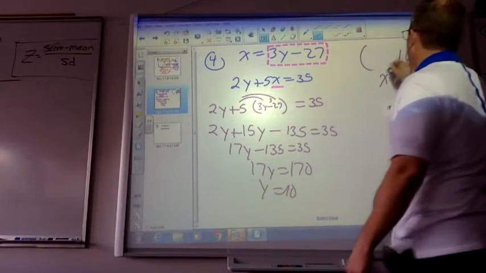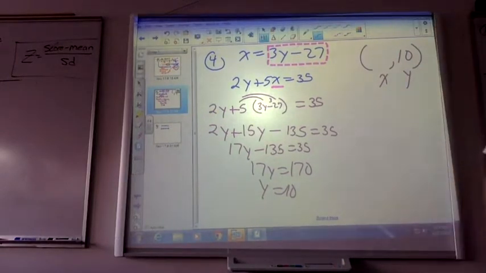My x value I don't know yet. If I wanted to figure out my x value, where should I plug 10 in? The first equation that's surrounded by pink, or the second equation? First one. Because what value am I looking for? x.